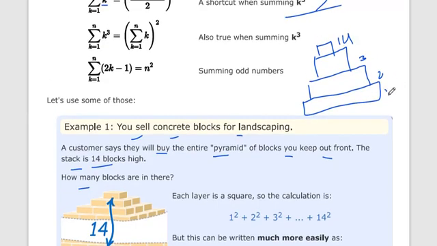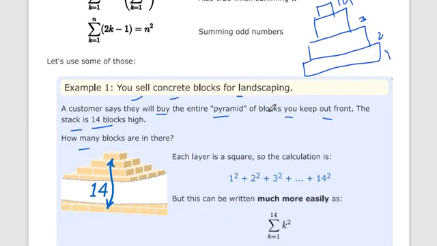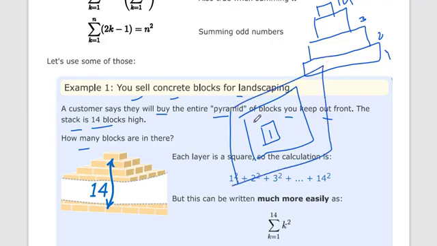So how do we calculate? If we see from the top, you can see that there is a square. This is the first block. The second layer will become how many blocks here? 1, 2, 3, 4, 5, 6, 7, 8 and 9.